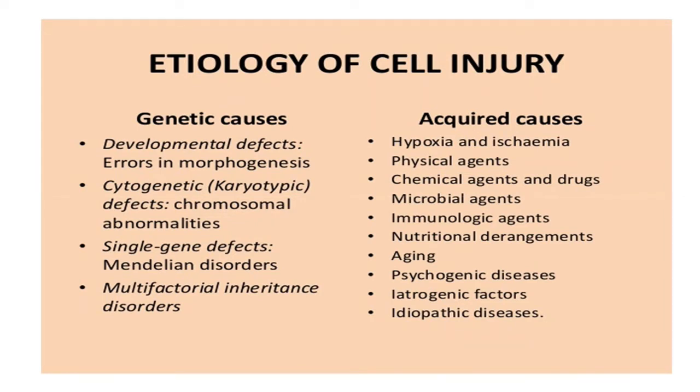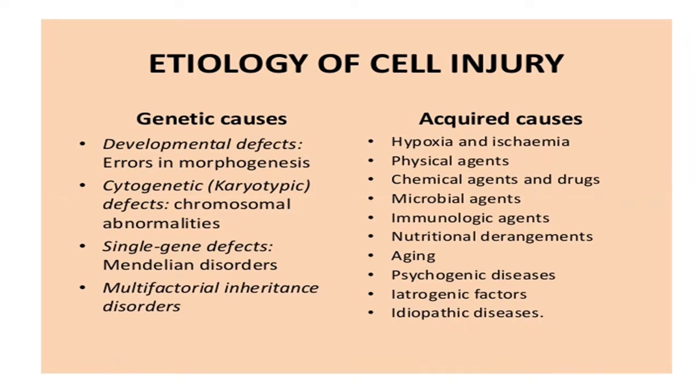So we call it Mendelian disorders. I think you did that in social sciences. Multifactorial inheritance disorders. There are certain conditions that are inherited. So genetically, as far as you are part of that family, there's a possibility that you are going to develop those conditions. It's a fact because it's inherited.